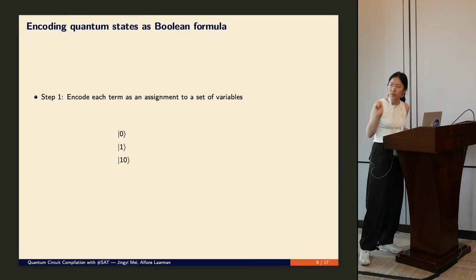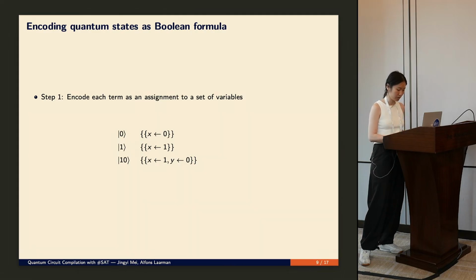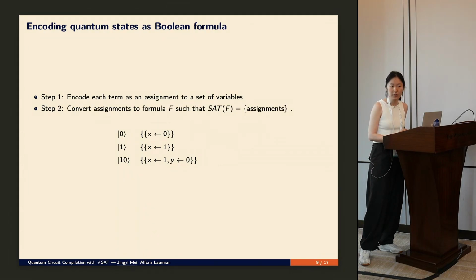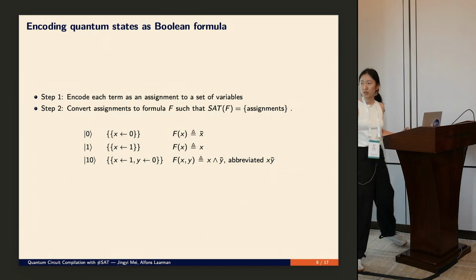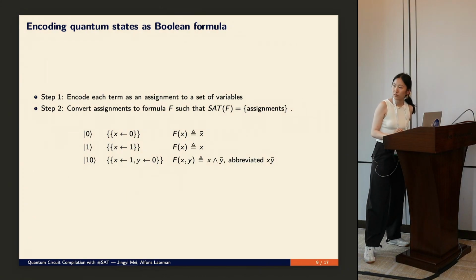For these three states, the first step is that I encode each term as an assignment of a set of variables. And then I will find a formula such that the satisfying assignments of this formula are the set here. So we can see that for these three cases, I can find a Boolean formula that encodes the states.